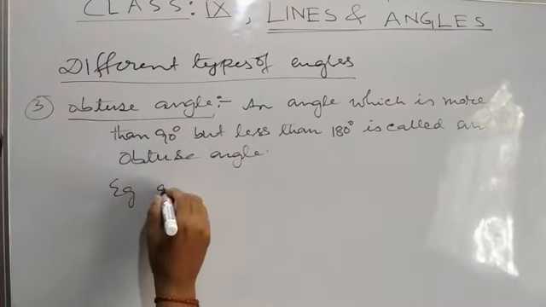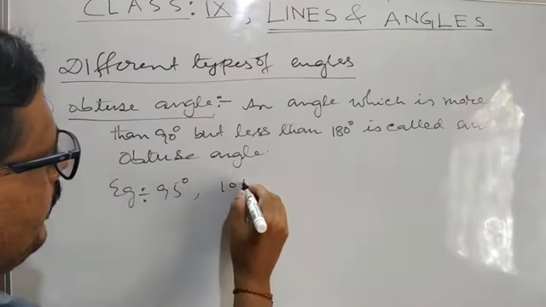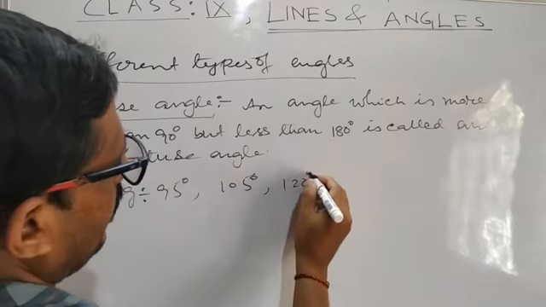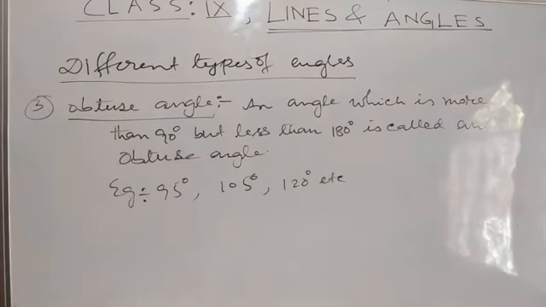As for example, 95 degree, 105 degree, 120 degree, etc. All these are obtuse angles.